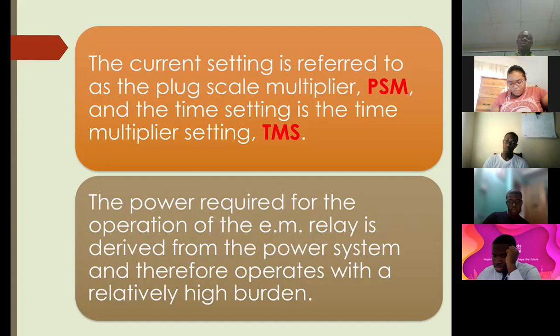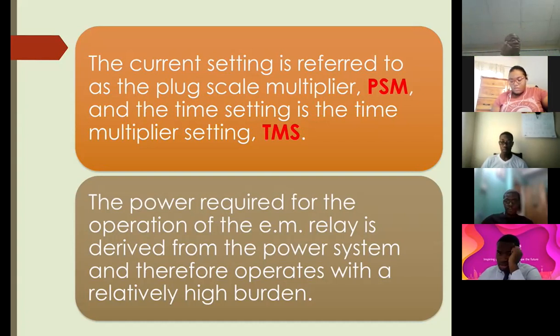So the current setting for your relay is known as the plug scale multiplier. That's one way of referring to it. The plug scale multiplier times the nominal current gives you the tap current or the plug current. And then the time setting is your time multiplier setting, a big T. So these are the two values that we are going to need to determine for our overcurrent relay.